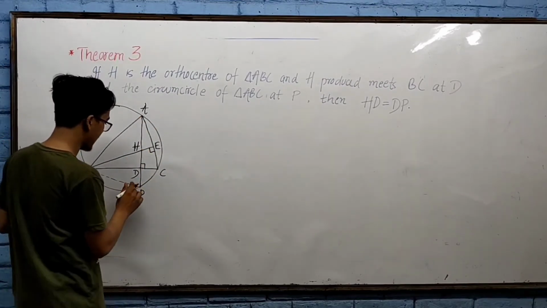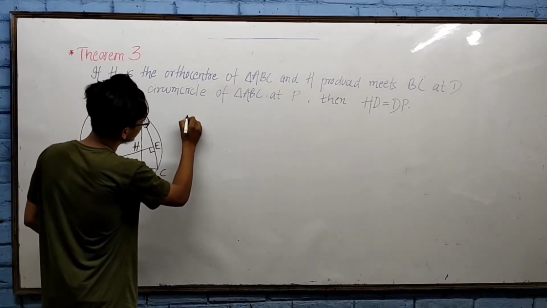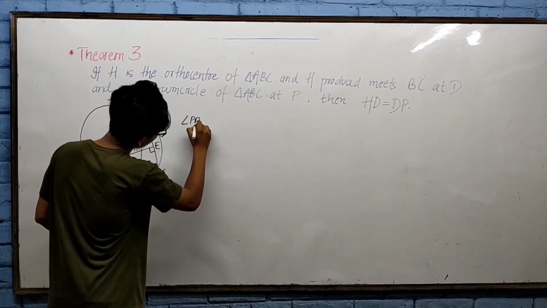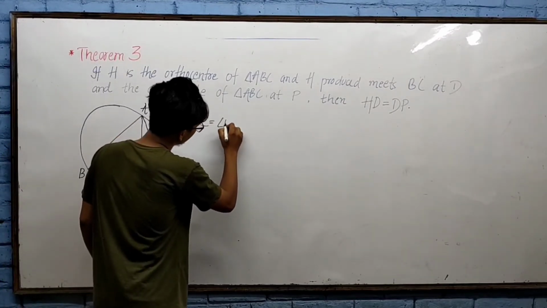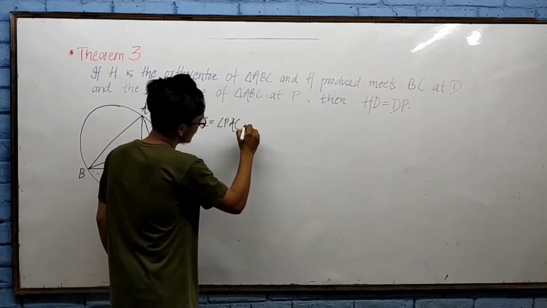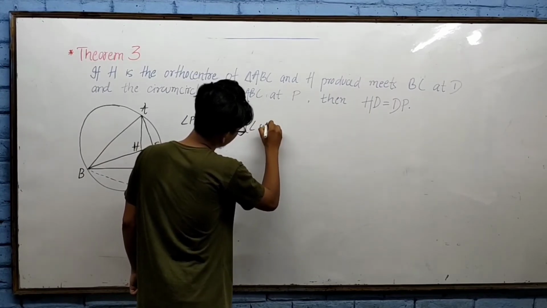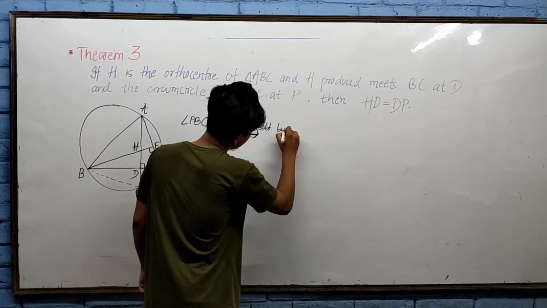So we have angle PBC equals angle PAC, angle subtended by the same arc.